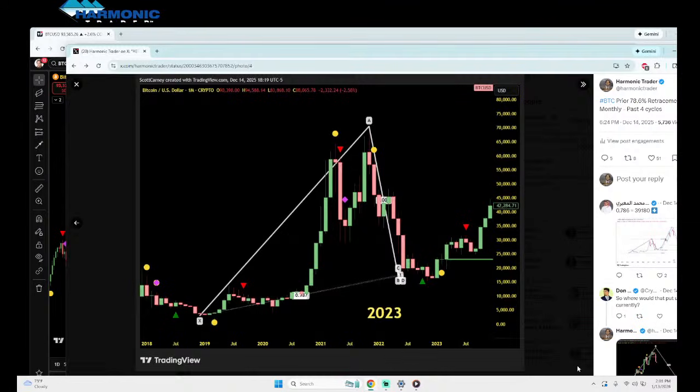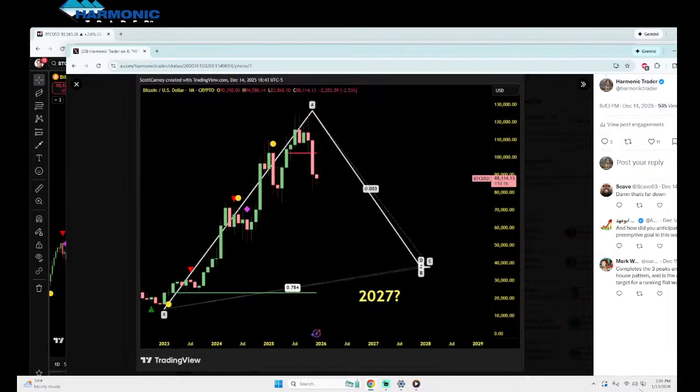Obviously, 2027. So is this going to be the retrace year? And if it is, are we going to follow the same 786 bear retracement cycle, low to high, that we did the prior 4 cycles? That's kind of the harmonic reality of the cycle itself.